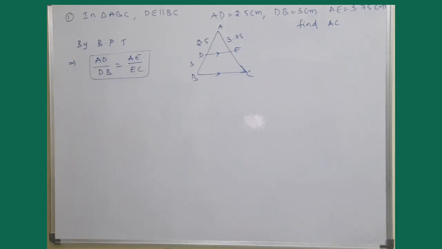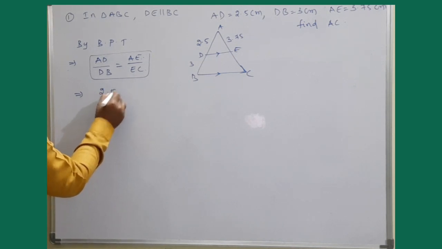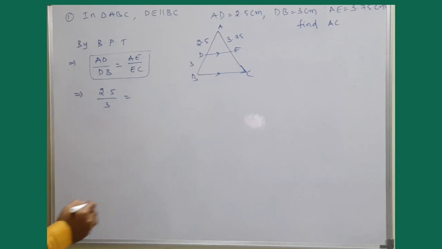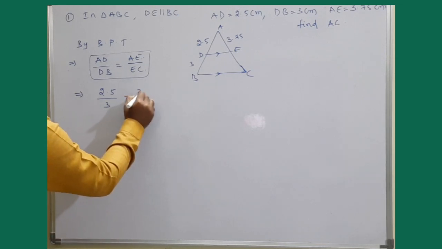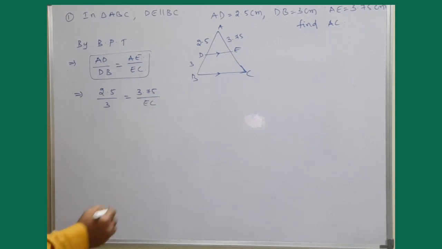As per BPT, I can take that AD by DB is equal to AE by EC. AD is 2.5, BD is 3 centimeters, whereas AE is 3.75, and let it be EC.